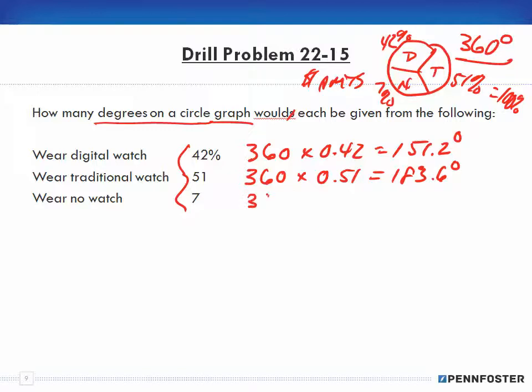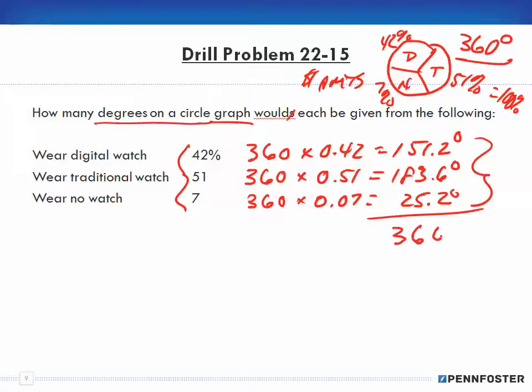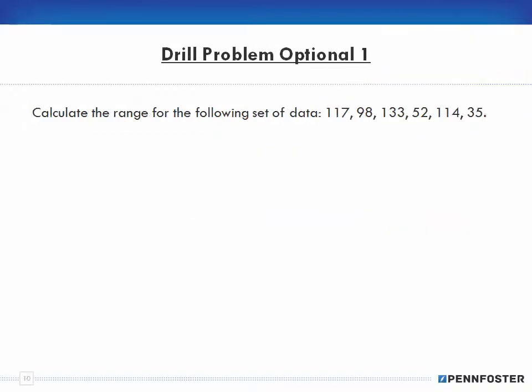And then, of course, 360 times 0.07 ends up being 25.2 degrees. If you add these 3 up, that should total your 360 degrees. That's the end of that drill problem, and now let's move on to the optional problems.